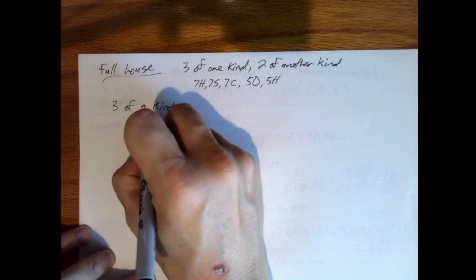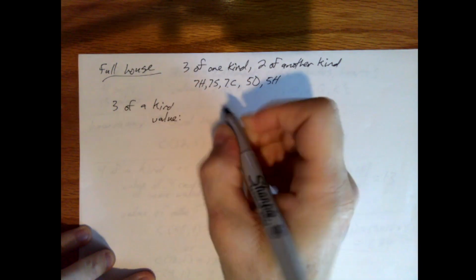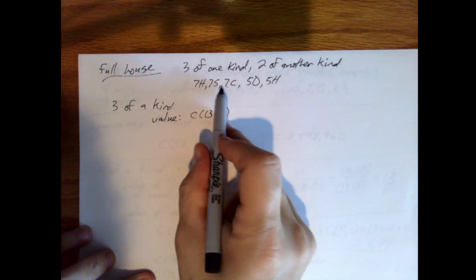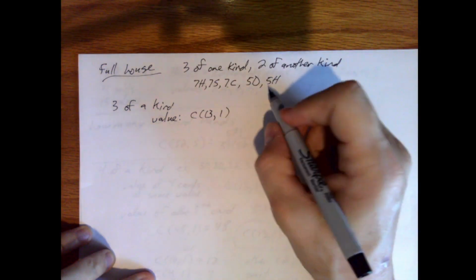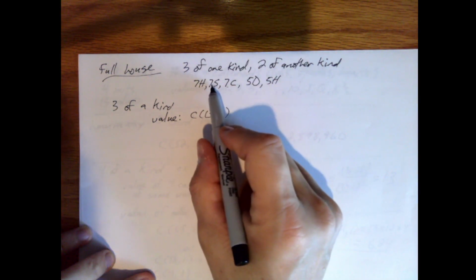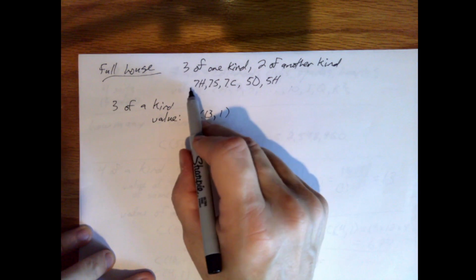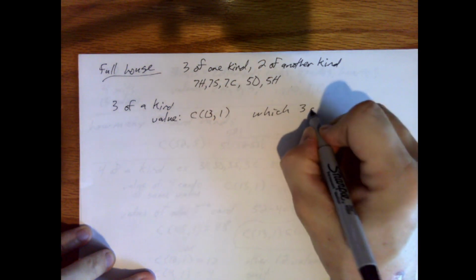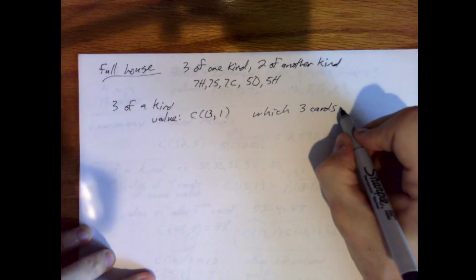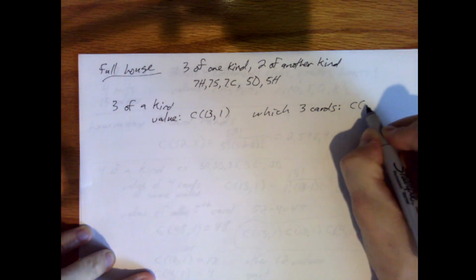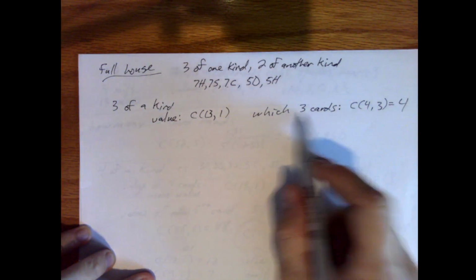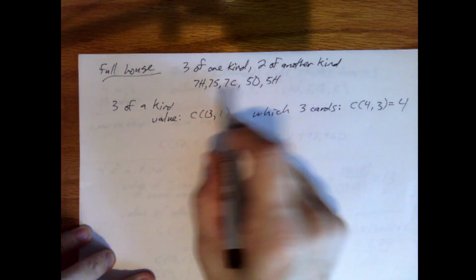Okay? So we'll say here the value. For example, 7 is one of those 13 values. But now, which 3 of those do we choose from? There's 4 possibilities, right? There's 4 suits. So out of the 4 possible 7s, which 3 do you choose?